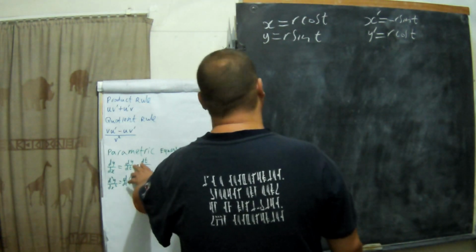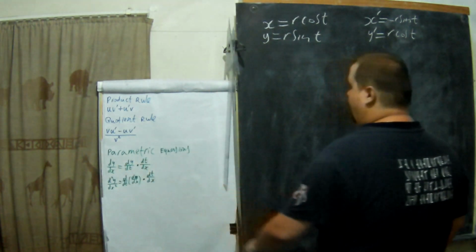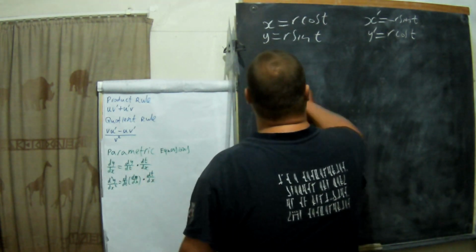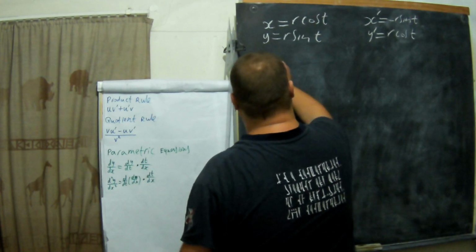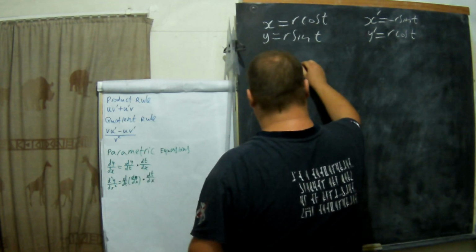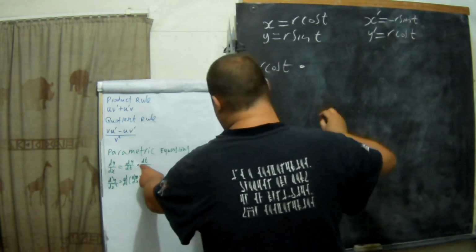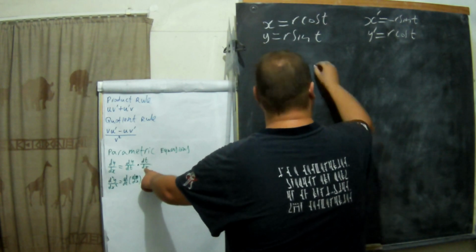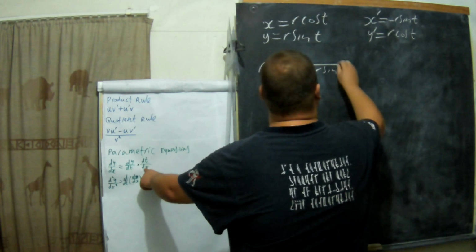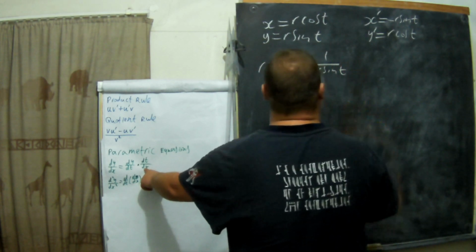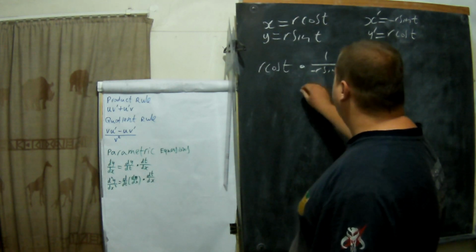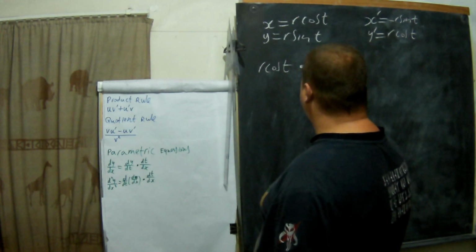Now what we're going to have to do is put them inside our equation. So, dy over dt, that goes here, so that is r cos t multiplied by dt over dx, so that is 1 over minus r sine t. Okay, we put them both together.